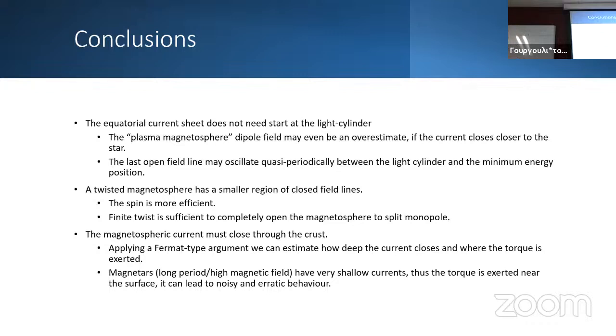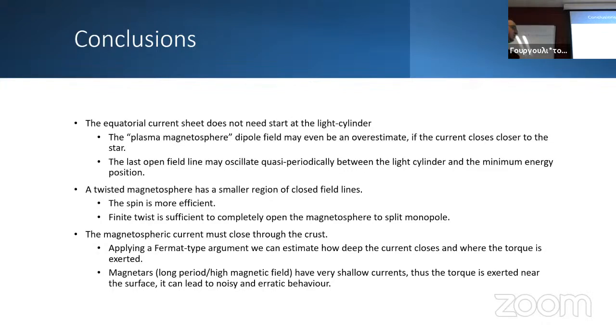And then the last open field line may oscillate quasi-periodically between the light cylinder and the minimum energy position. So if this current sheet appears and disappears, and this is a question that we need to address through a time-dependent simulation, we can have more indications on that.